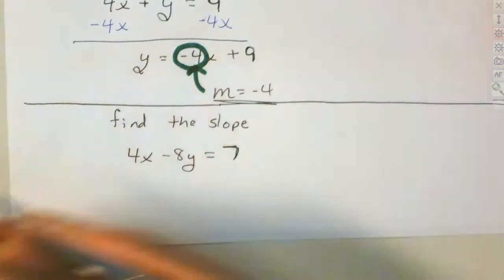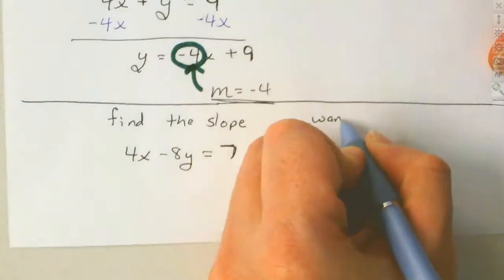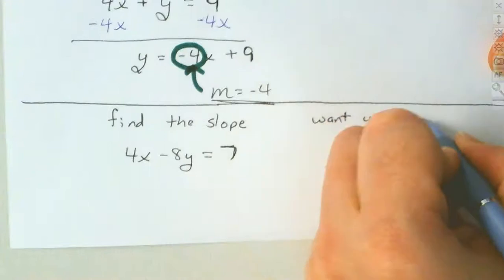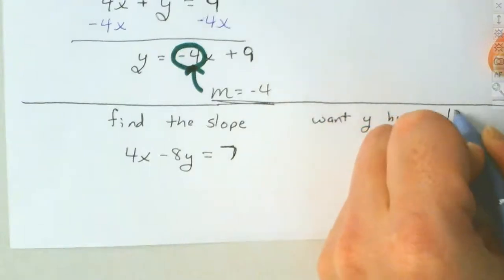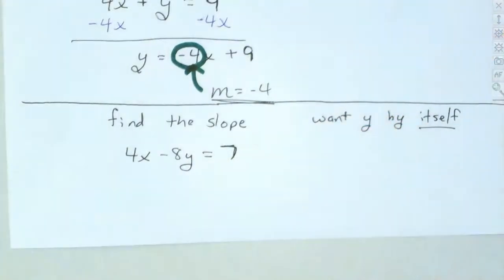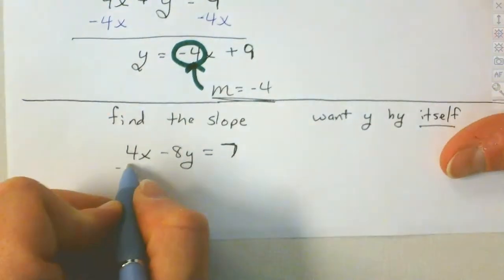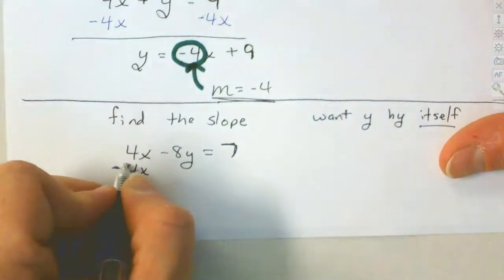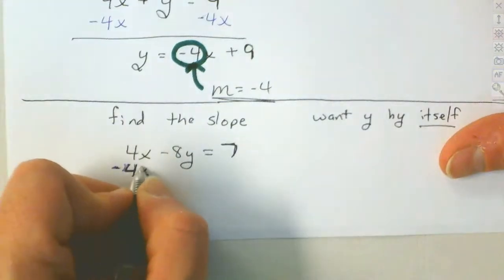So that's what I want. So y needs to be by itself. So what do I need to do? I need to move that 4x over. I'll use a different colored pen so we can see the difference here, hopefully. So I'm going to move that 4x over.